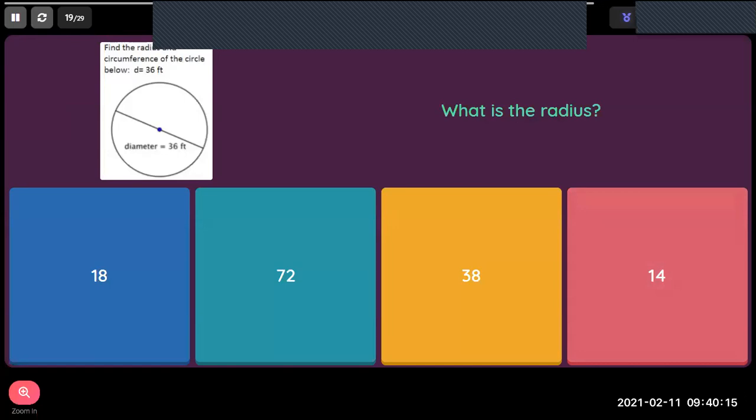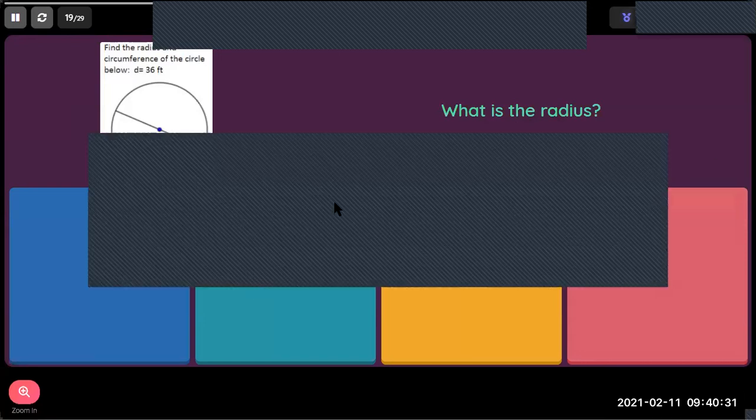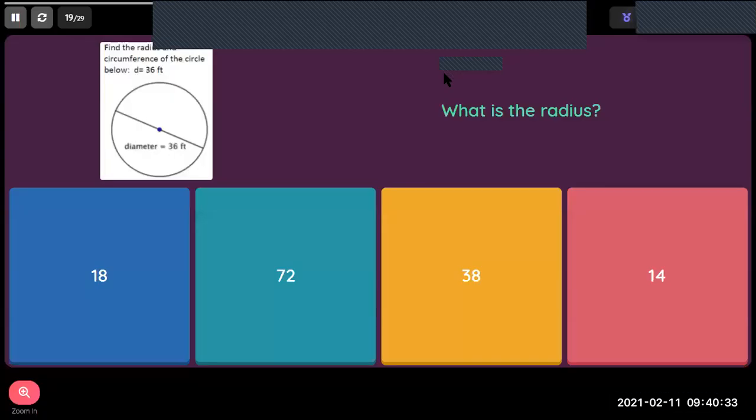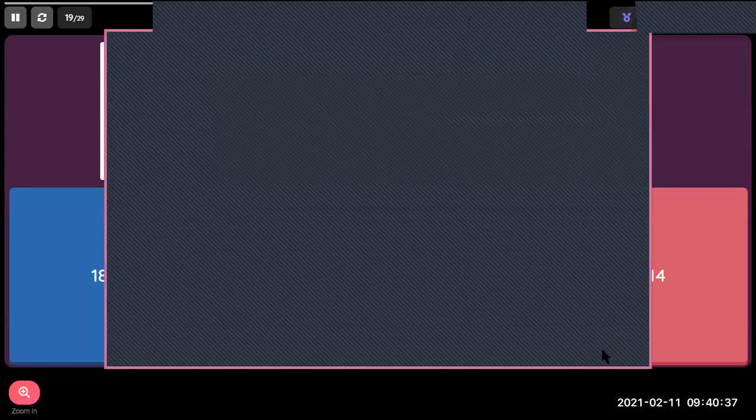See, this is how the question looks on the quiz. Find the radius. So half of 36. Again, it is very easy. Simple division, divided by 2. Half of 36 is how much? Yes, students. This is easy. Fast. And let's see how many of you got it right.